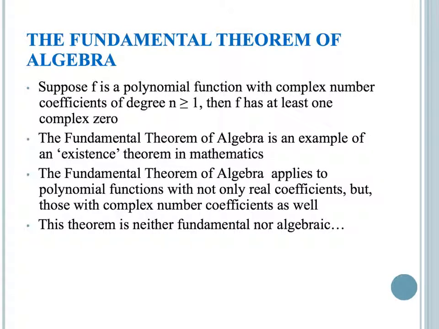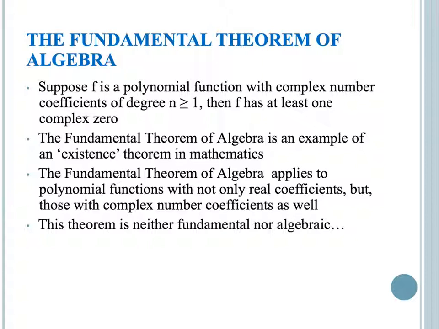Now, the fundamental theorem of algebra is not that helpful for what we've been looking at. What the fundamental theorem of algebra does is it guarantees us complex zeros if we have complex coefficients. We don't see complex coefficients all that often because that means our coefficients have to have imaginary numbers in them. And this is an example of something called an existence theorem. It does not tell us how to find our zeros.